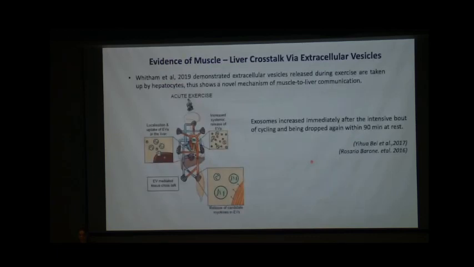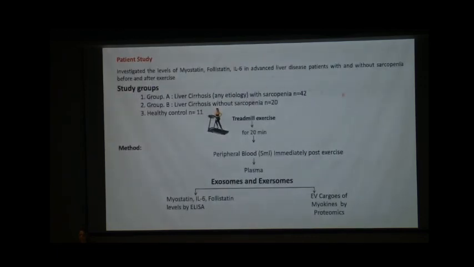For this study, we have taken 42 sarcopenic patients, 20 without sarcopenia, and 11 healthy. They did treadmill running for 20 minutes and their peripheral blood was taken immediately after exercise. From the plasma, we isolated the exosomes and exersomes both.